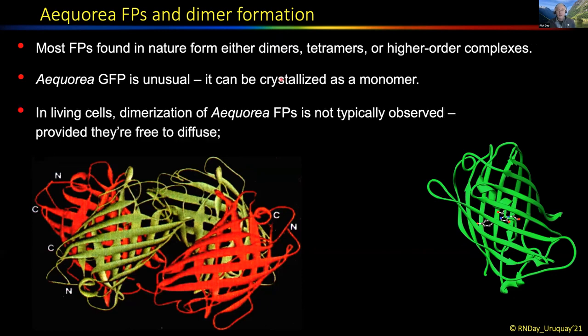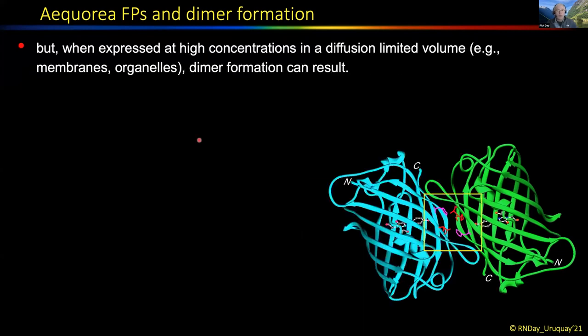So in living cells, typically we don't see dimerization of the enhanced FPs, provided they're free to diffuse. Now this is an important point because if you express the fluorescent proteins in a diffusion limited volume, such as membranes or inside organelles, then dimerization can and often will result.